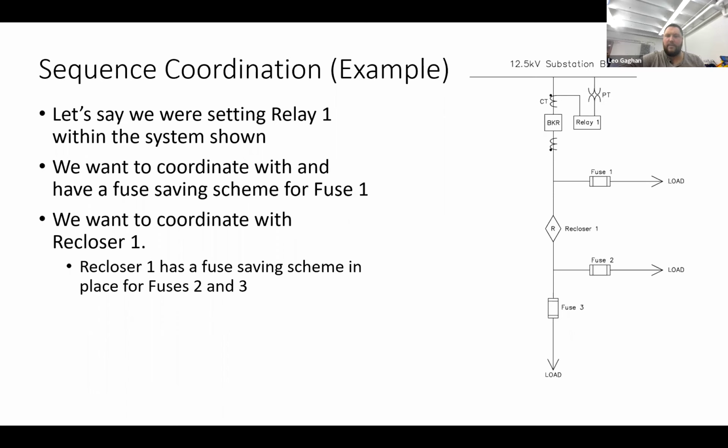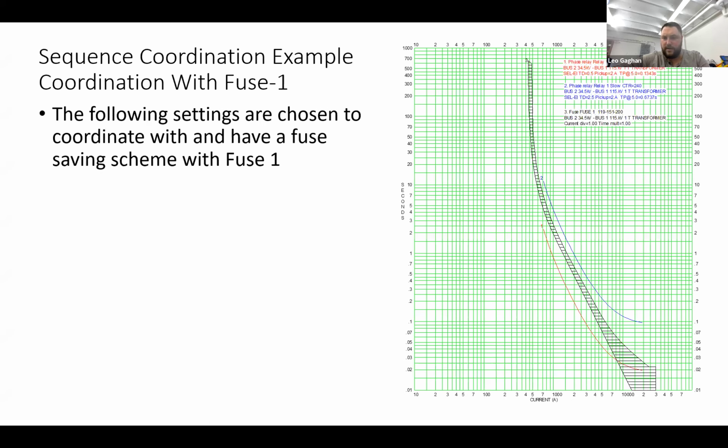Imagine the settings we've picked: from relay 1, we've got a fast curve that will save fuse 1, and then we've got slow curves that will allow us to coordinate with fuse 1, or else if there was a trip out on the fuse 1 load, we would lose everything that fuse 1 is feeding, but we'd also lose everything off of that recloser. And then also we want to coordinate with that recloser 1.